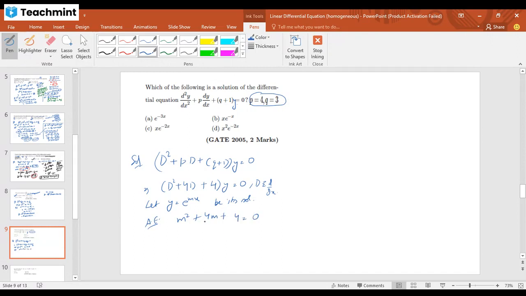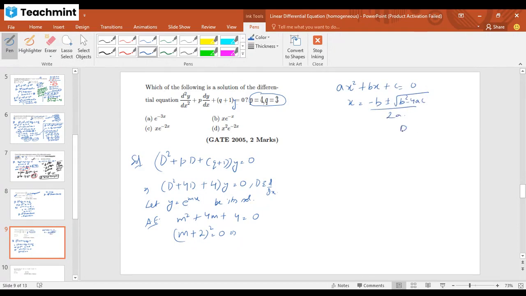Quadratic polynomial: sum of the roots is 4, product of the roots is 4, and 4 can be written as 2 square, and 2 plus 2 is 4. So basically this is (m plus 2) whole square equal to 0. Otherwise, we can find it using the formula: for the quadratic polynomial ax square plus bx plus c, the value of x is minus b plus or minus the square root of the discriminant, that is b square minus 4ac, upon 2a.